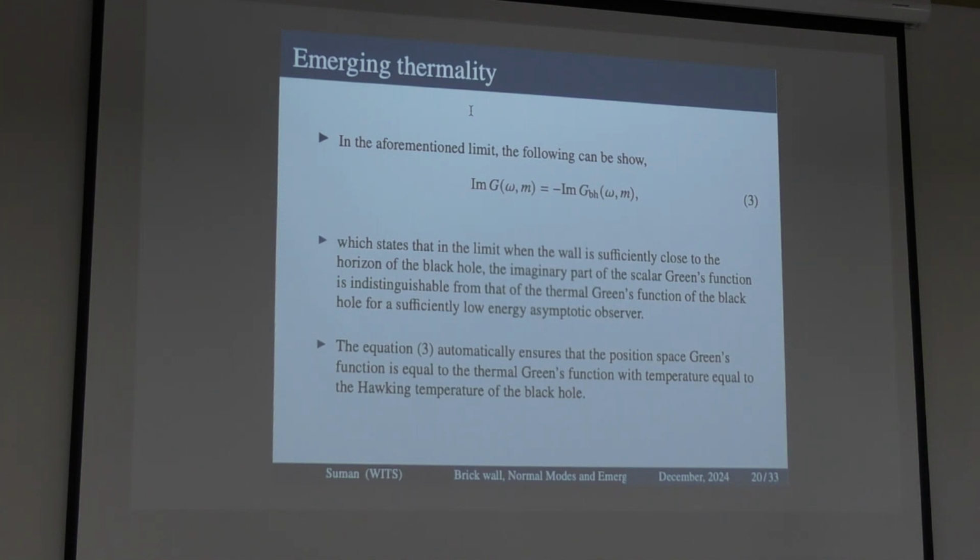So as long as your bulk cutoff is very close to the horizon, so that you cannot differentiate the poles and the branch cut, you can compute the position space Green's function, and it exactly looks like the thermal function with the same frequency. This is what I was saying earlier, because e to the i omega and e to the minus i omega are conjugate solutions, and that's why we were comparing them to the imaginary part. So you actually get the right answer.